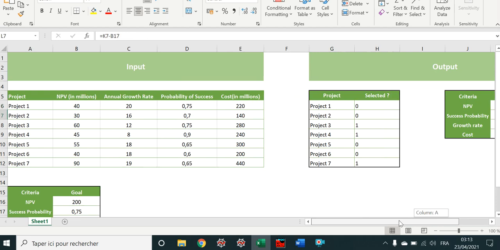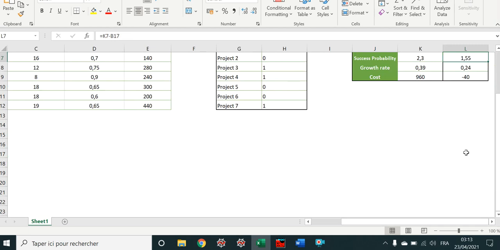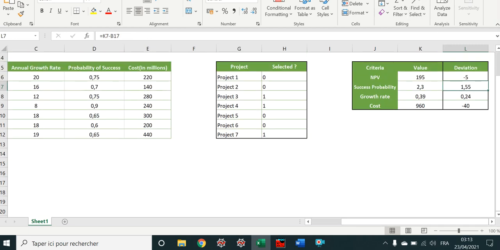The success of probability, we have overachieved this goal. We wanted it to be, actually seems like we underachieved. Okay, so we actually underachieved the success of probability goal.